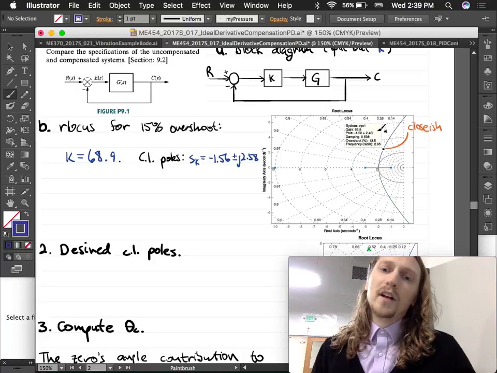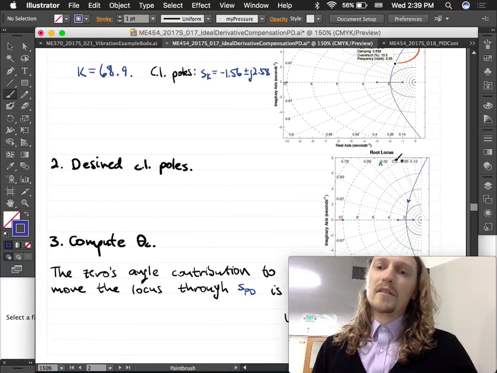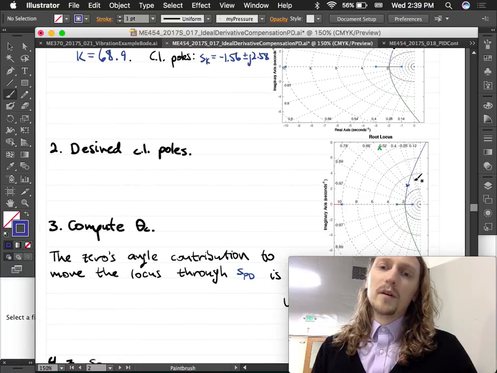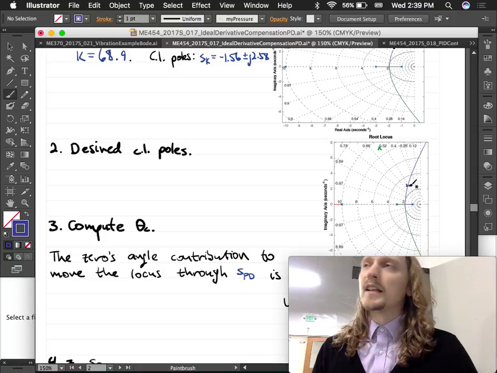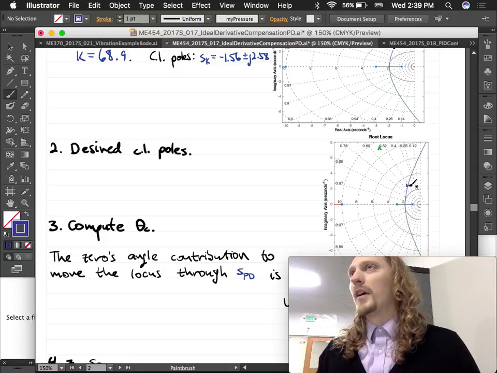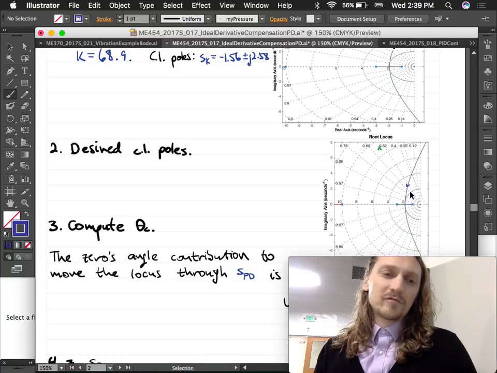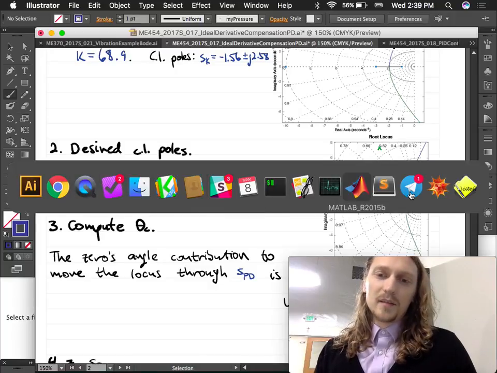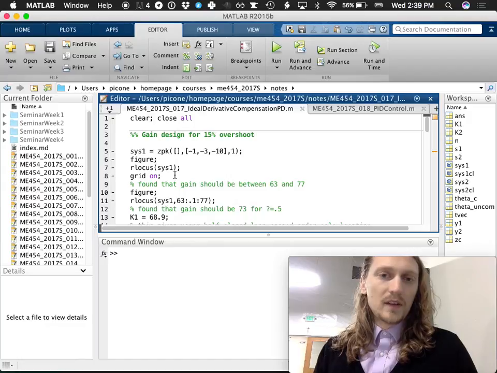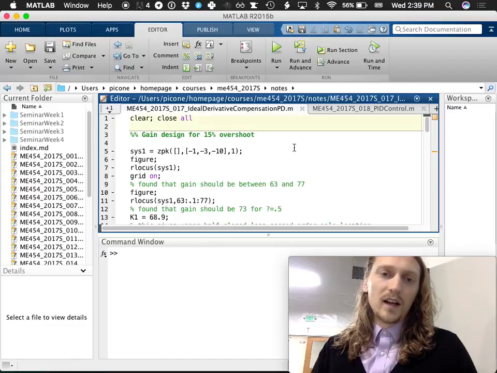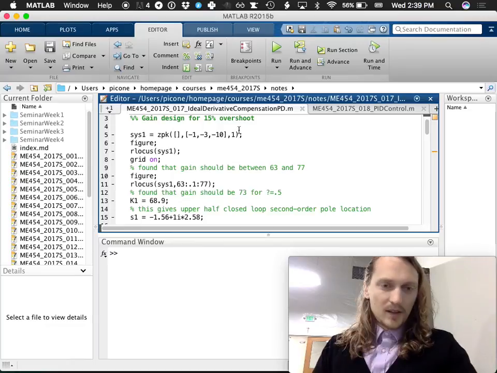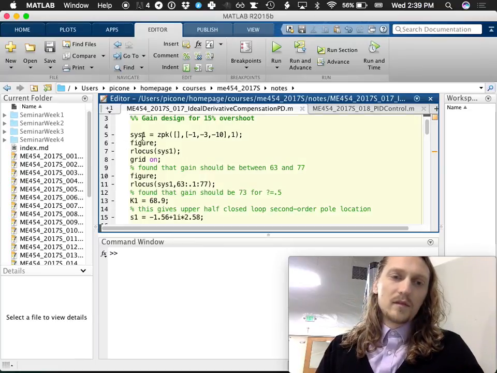I was showing this one's close to 15% overshoot, but then I did a new root locus that was a little more finely spaced in K, so it's a little confusing to see two of the same graph. This is the MATLAB script online. If I put in the open loop system, I do a root locus of the system.